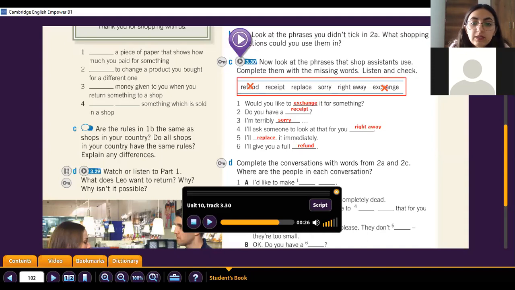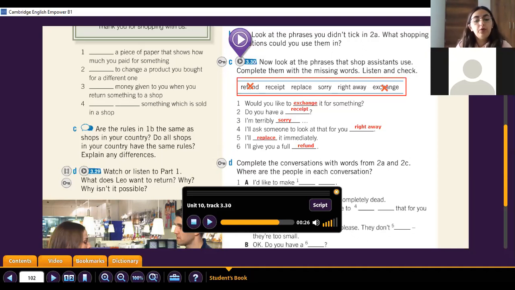Well, do you have a receipt? I'm terribly sorry. I replace it immediately. Este I replace it immediately nos sirve muchísimo en el caso de que, por ejemplo, ustedes van a una tienda de tecnología y han comprado, for example, earphones, y los auriculares. Por ahí tal vez les salieron fallosos, no funcionan, pues ustedes pueden ir a la tienda y pedir que les cambien, ¿no es cierto?